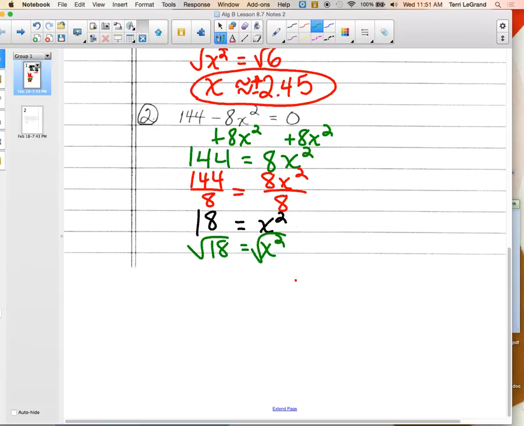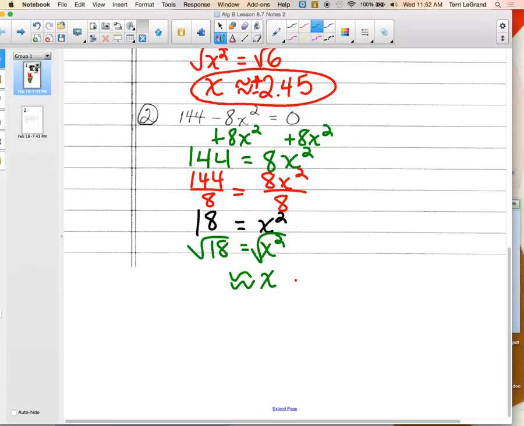So what is the square root of x squared? X. Are we going to be rounding? Yeah, we're going to be rounding, so we make our squiggly equal sign. And we're going to put square root of 18 into our calculators. Well, let's see, 18 lies between which two perfect squares? 16 and 25, which means the square root should be somewhere between 4 and 5.